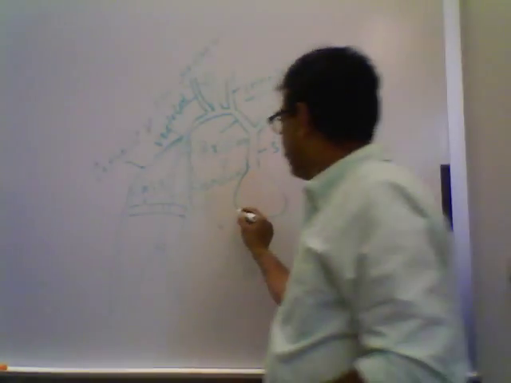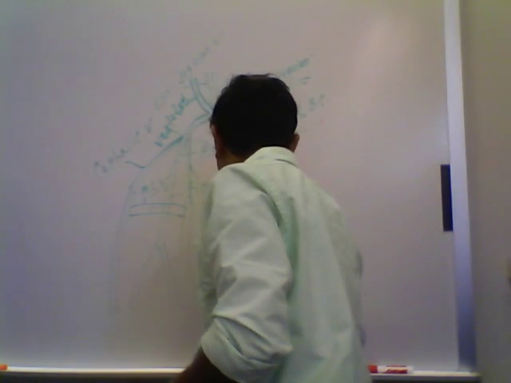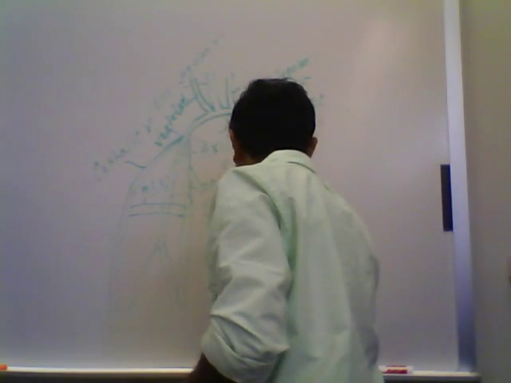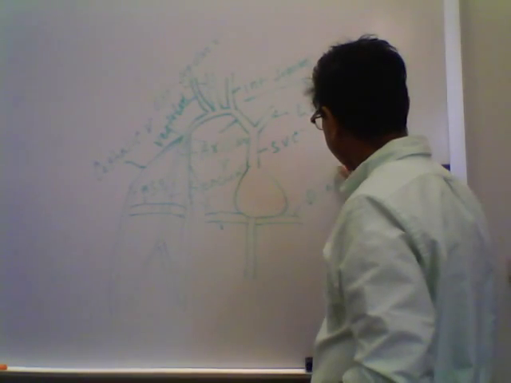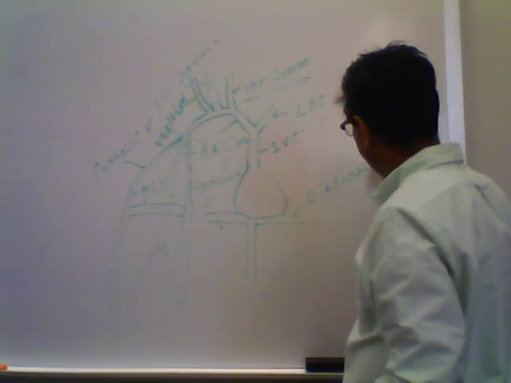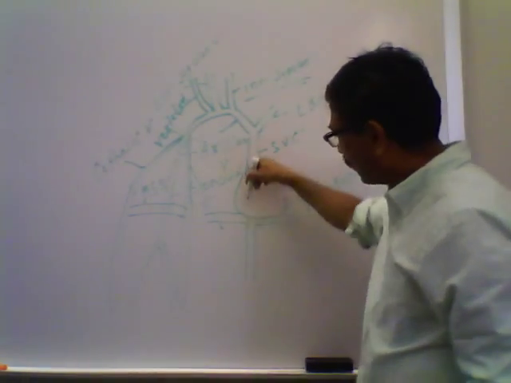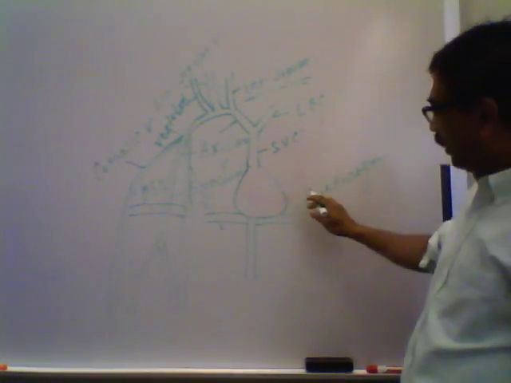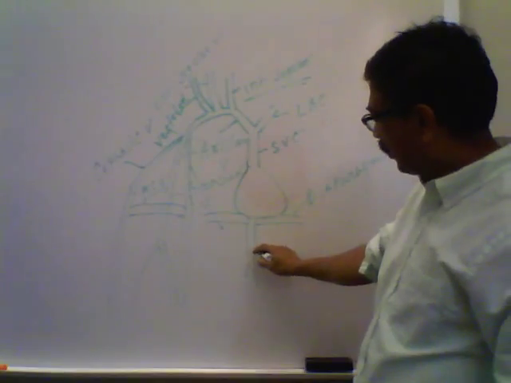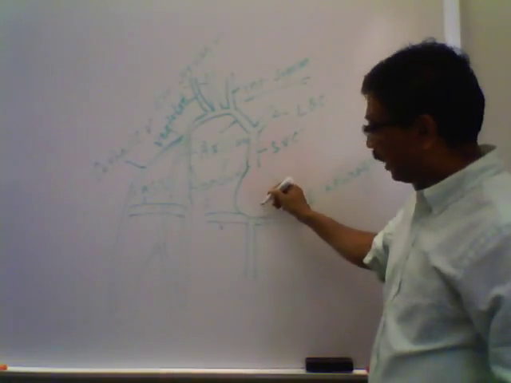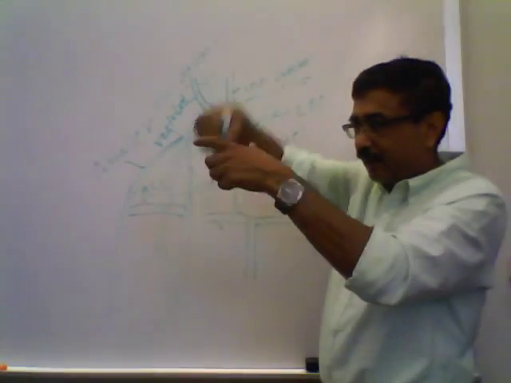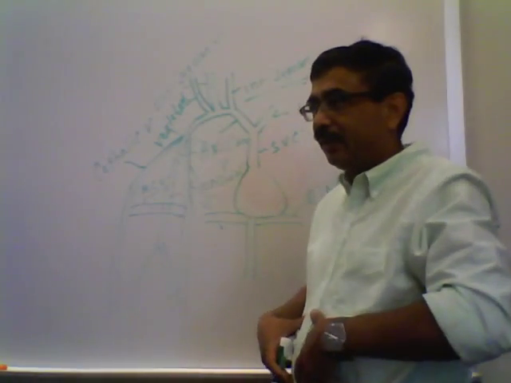Inferior vena cava, you know, here you have the diaphragm. Your heart sits on the diaphragm, you all know that. So this is the diaphragm. So the inferior vena cava pierces the diaphragm and enters into the abdominal cavity.